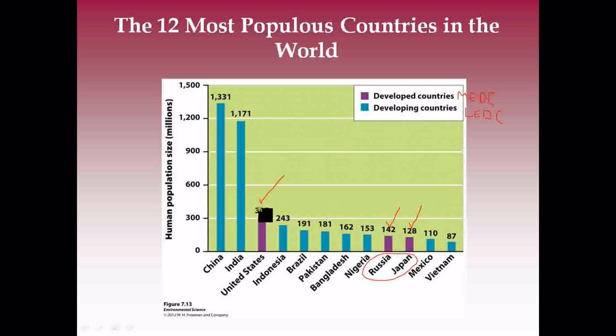We are slow growing. But these other countries, obviously China and India, have just huge numbers here. And remember, India will pass China in about 15 years. And you can see all the other countries are developing countries. So that's a big deal that matters.